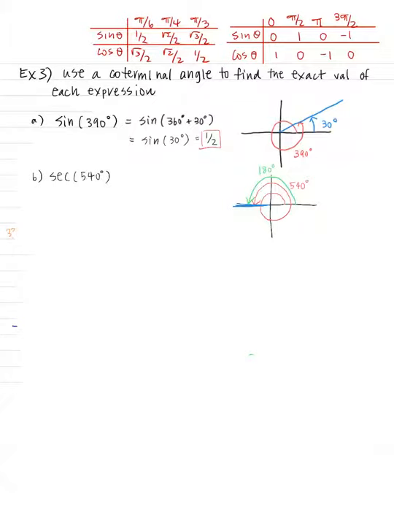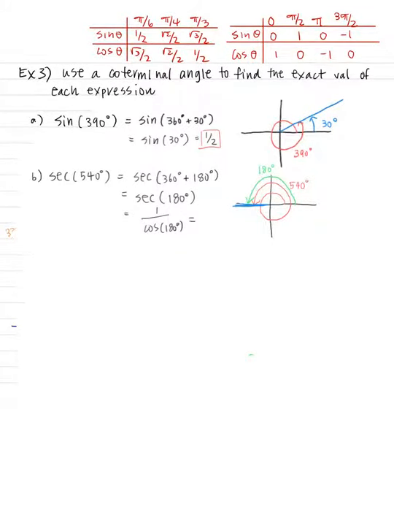If I have to write every step out, this is secant of 360 plus 180, which gives us the same value as secant of 180 degrees. Now secant is 1 over cosine. 180 degrees is the same thing as pi in radian measure. I already drew the chart above to save a little time. So cosine of 180 degrees is -1. So you're going to have 1 over -1, and our answer is -1.